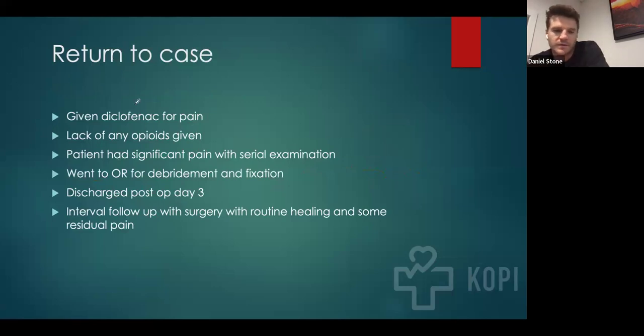So for the patient with open fracture, he was given diclofenac for pain. The part that I remember specifically that was a little tough was that he had such significant pain with serial examinations, i.e., casualty needed to see the fracture, and then ortho needed to see the fracture, and he had a lot of pain.